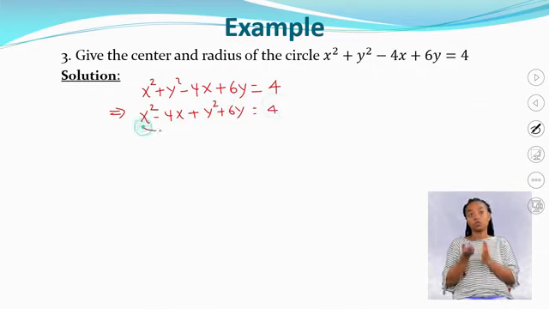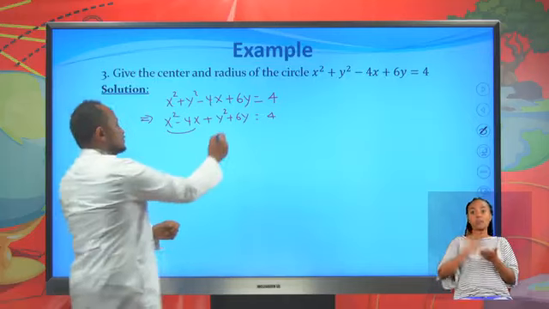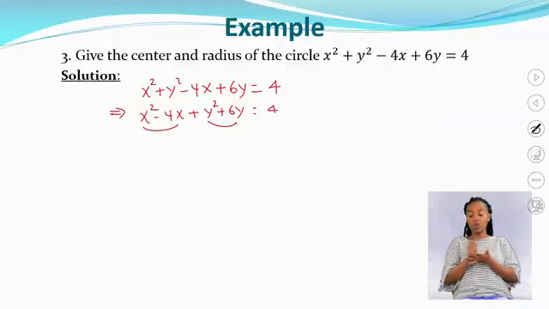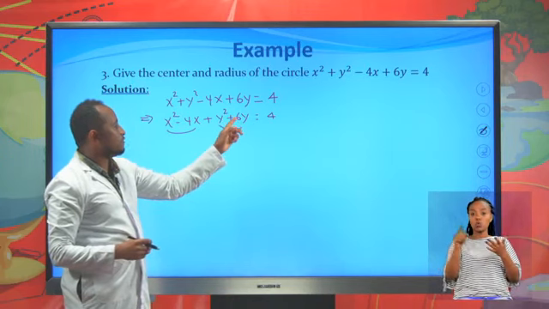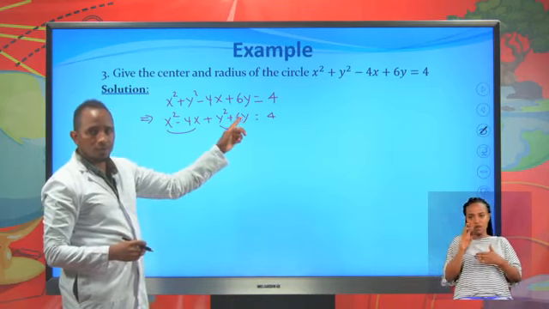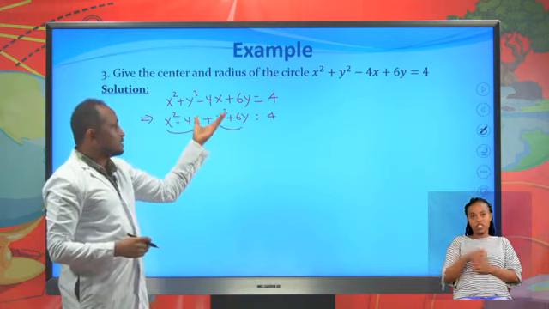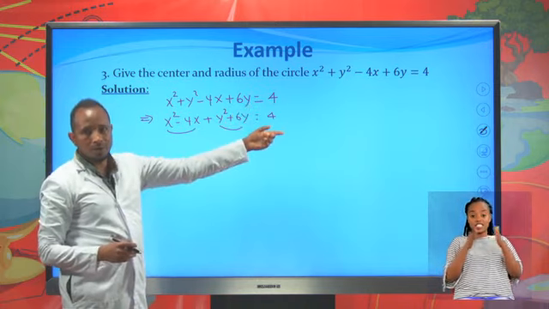To write this in square form, you add half of the middle term squared. And to write this also in square form, you add half of 6, squared. The value added on this side must also be added on the other side.